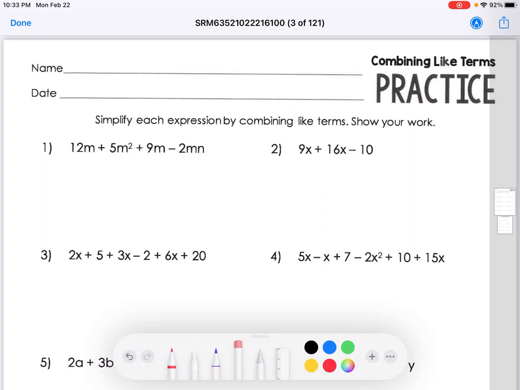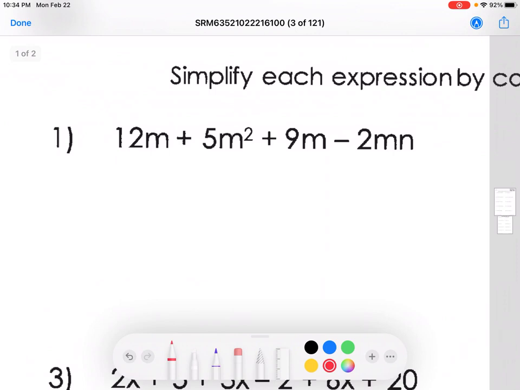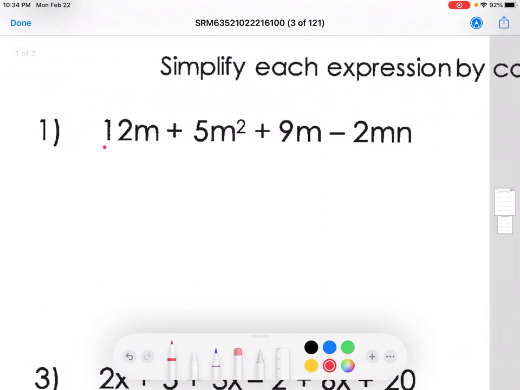So number 1, I have 12 times m, so 12m plus 5m squared plus 9m minus 2mn. In order for it to be a like term, it has to have the exact same variable, and there can't be any differences. For example, on number 1, I have 12 times m, and I also have 9 times m.